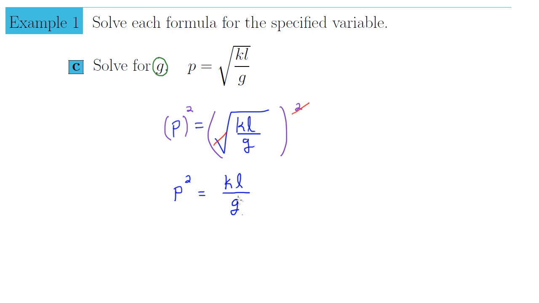In this case, the LCD is just g. It's the only denominator. So my next step is to multiply both sides by g, which gets rid of the g in the denominator and brings it up on the other side. So now I'm at g p squared equals KL.